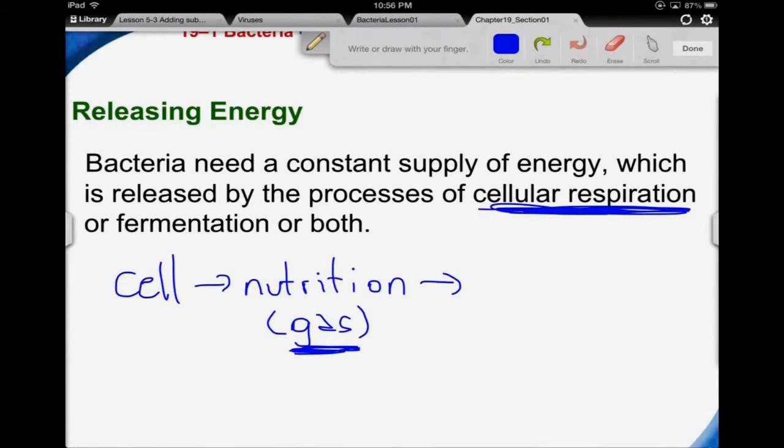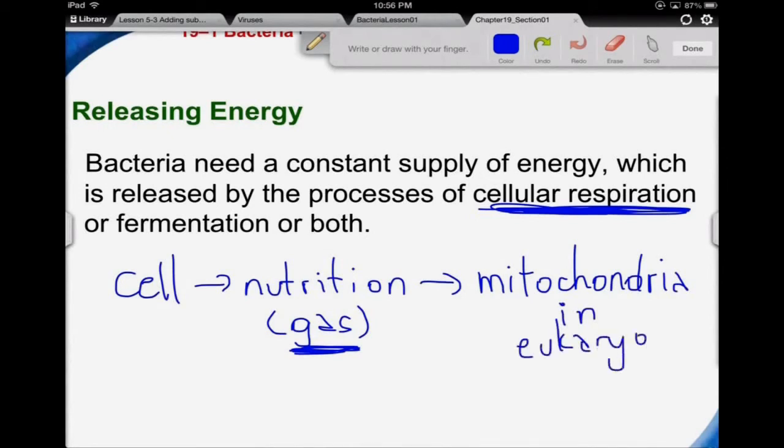Now in our cells, we run it in the mitochondria, and we use it, in eukaryotes, to make energy.